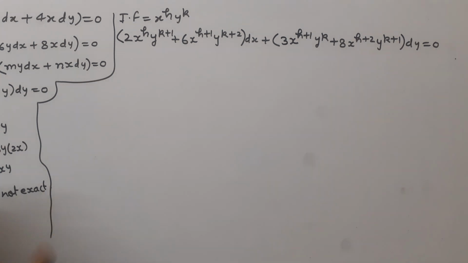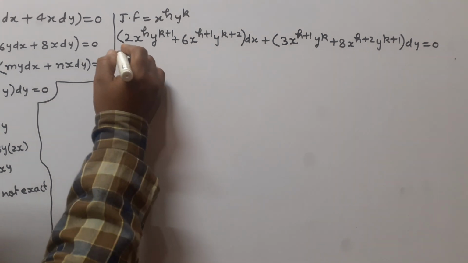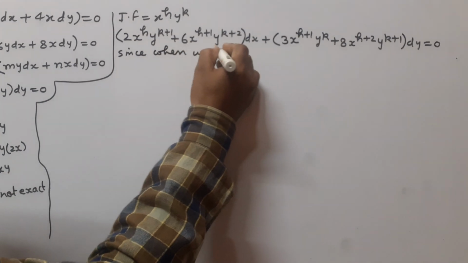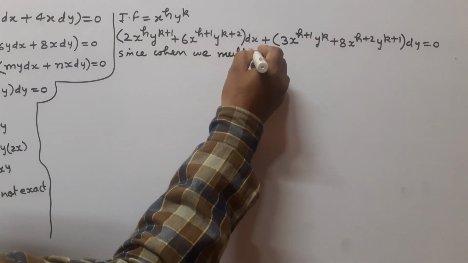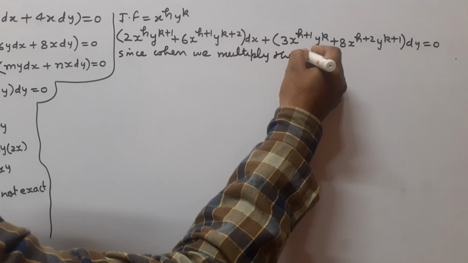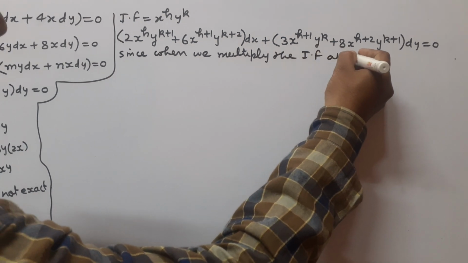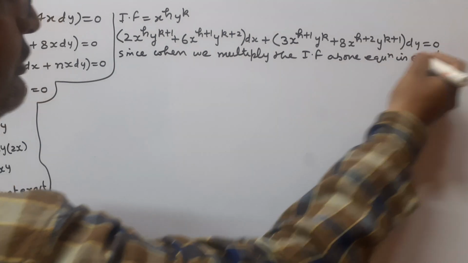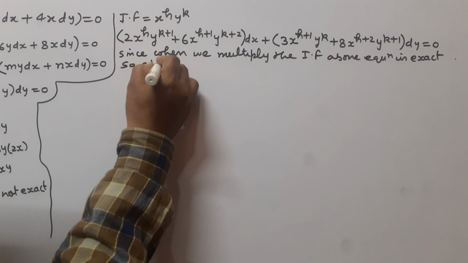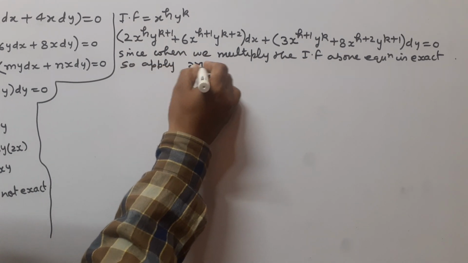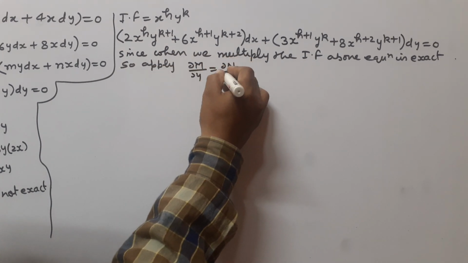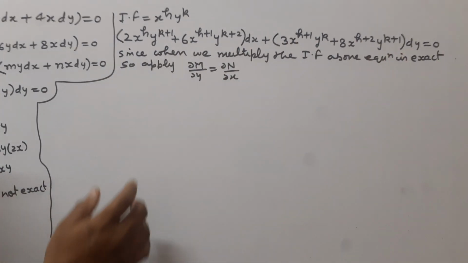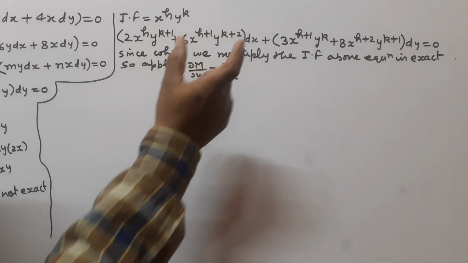So here we apply the condition: since when we multiply the integrating factor the above equation is exact, apply ∂M/∂y equal to ∂N/∂x. Here M is this and N is this. So we differentiate M partially with respect to y.